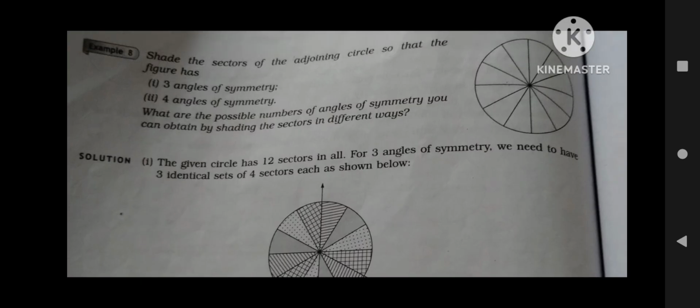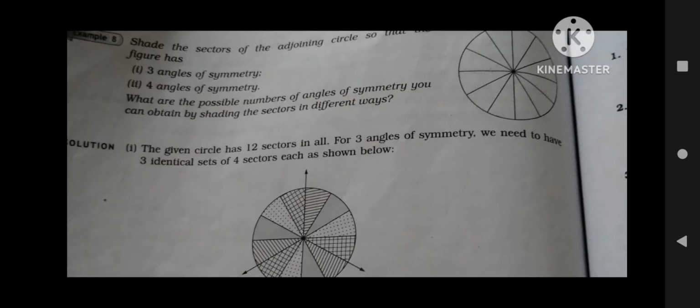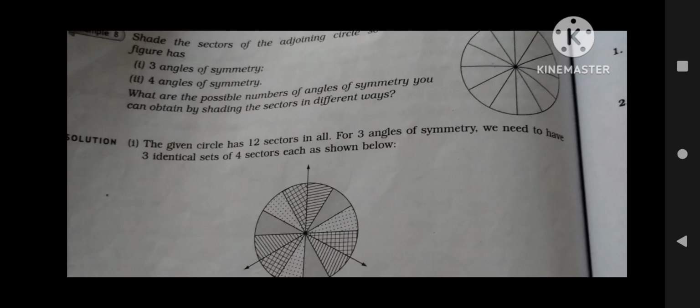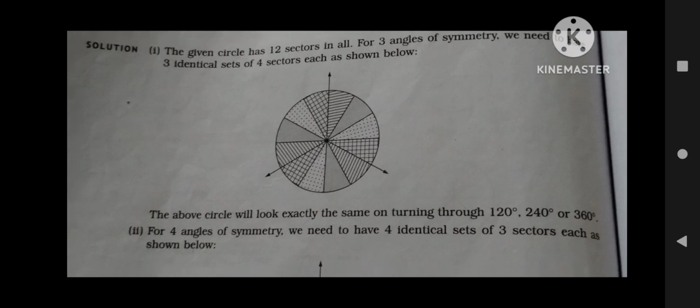8. Shade the sectors of the adjoining circle so that the figure has 1. 3 angles of symmetry, 2. 4 angles of symmetry. What are the possible numbers of angles of symmetry you can obtain by shading the circle in different ways? Solution. 1. The given circle has 12 sectors in all. For 3 angles of symmetry, we need to have 3 identical sets of 4 sectors each, as shown below.